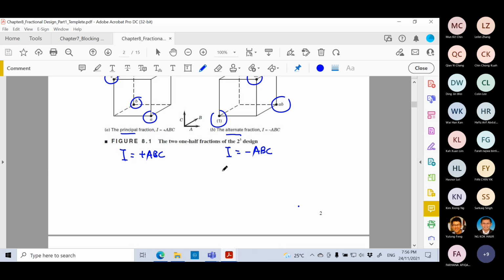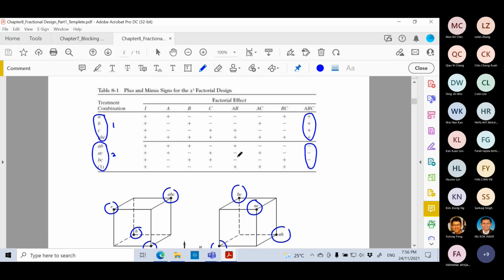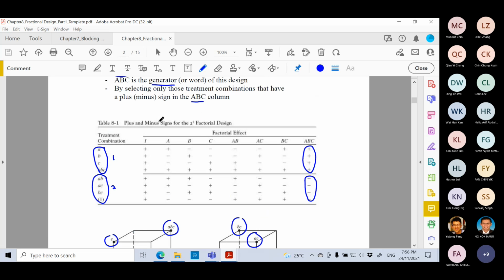So we go back to what we had just now. Under the fractional factorial, I have mentioned that if we have all 8 treatment combinations, we only run the first half or the second half. It depends on the generator you consider.